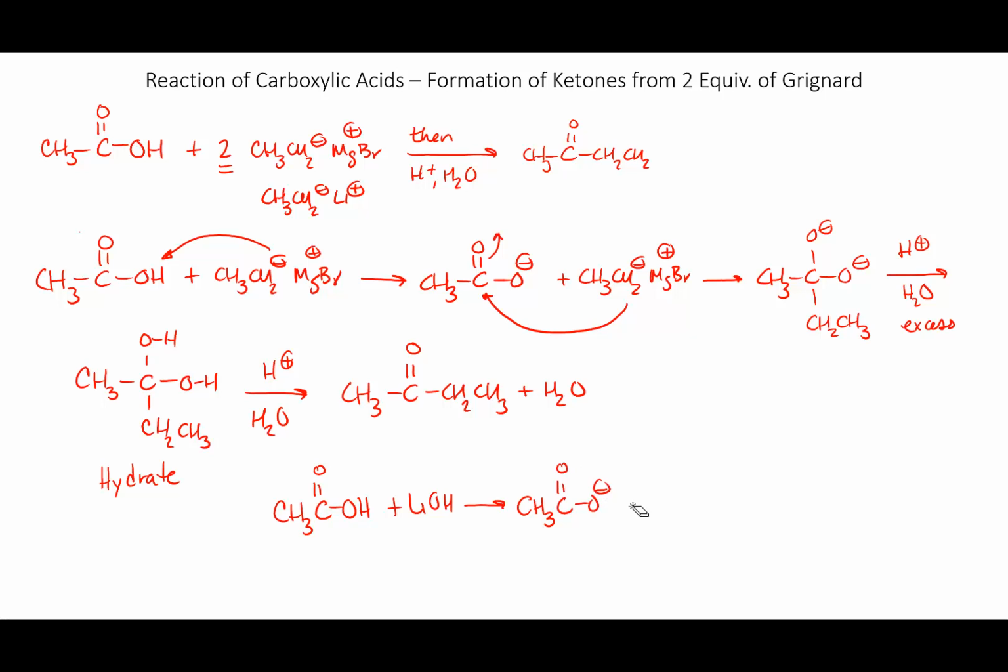And that's going to make the carboxylate, and then I would go ahead and add, maybe in this case, so that I don't mix metals, ethyl lithium. So we could go ahead and not have to use two full equivalents of the Grignard or organolithium if we just simply deprotonate the carboxylic acid to begin with. Okay, so we've looked at that reaction before.